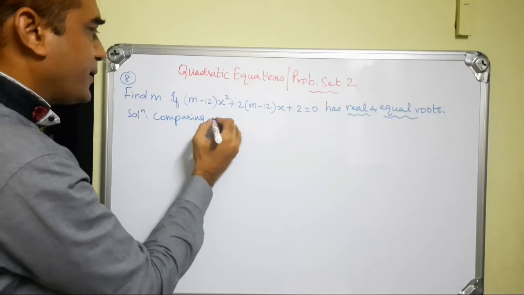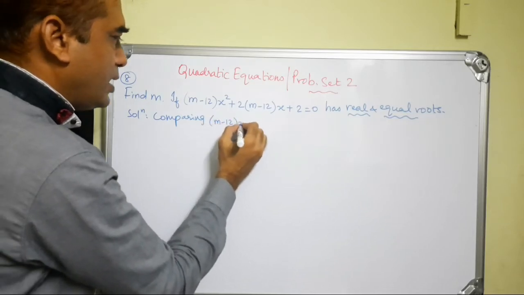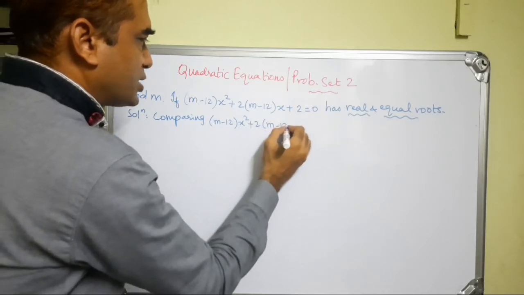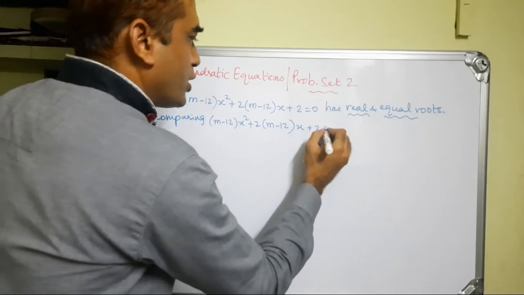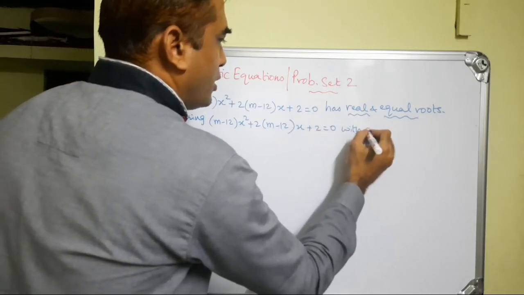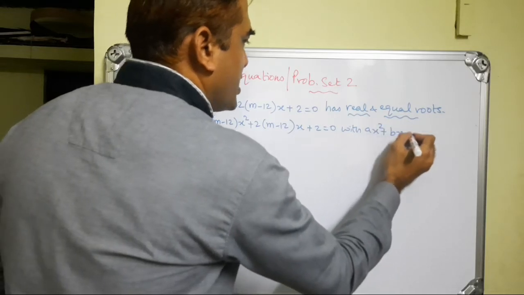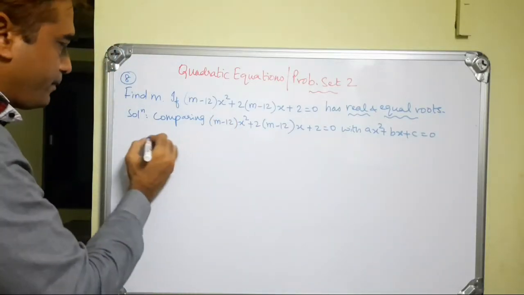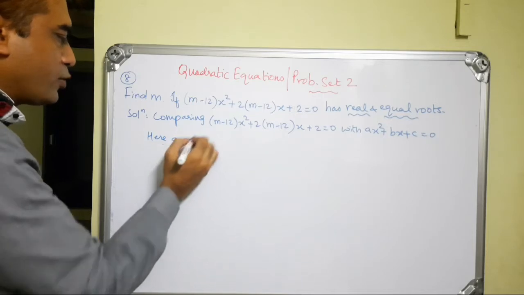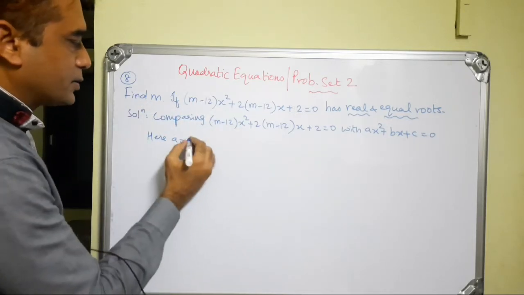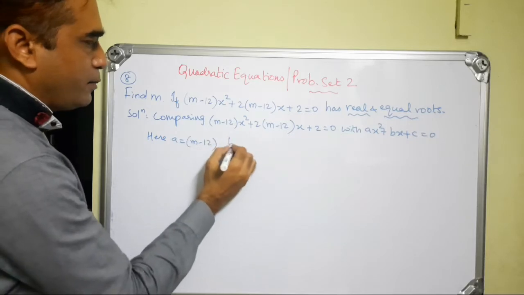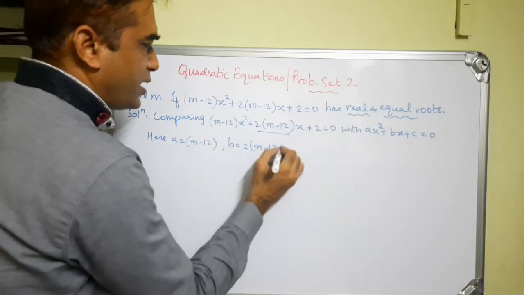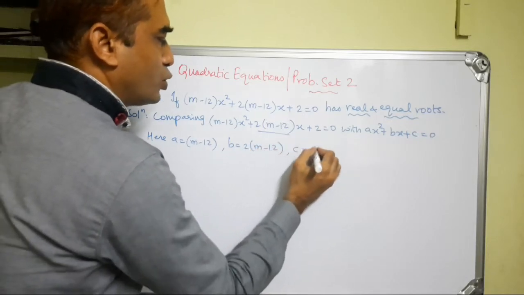So comparing (m − 12)x² + 2(m − 12)x + 2 = 0 with ax² + bx + c = 0, the value a equals m − 12, b is the coefficient of x, that is 2(m − 12), c equals 2.